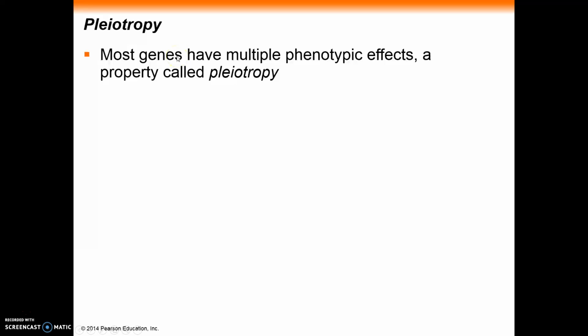Now, as I said before, genes can have different phenotypic effects. The name for this is pleiotropy. So if we were to give the example of cystic fibrosis, which I mentioned before, it is a defective protein.